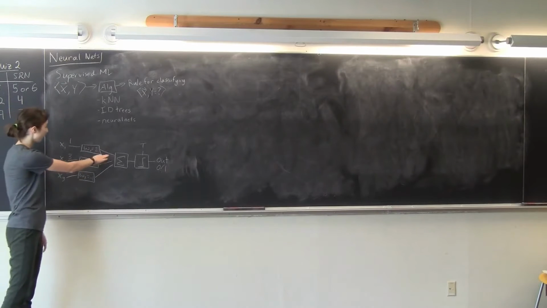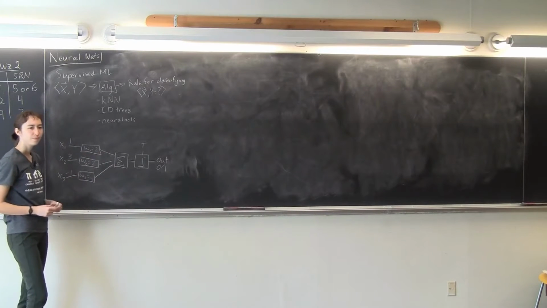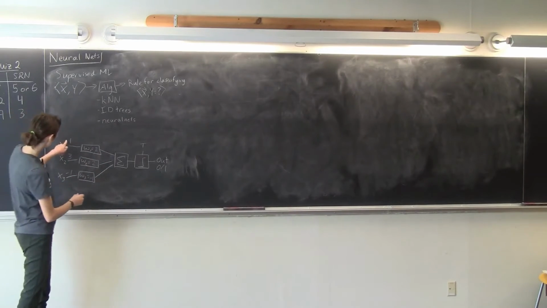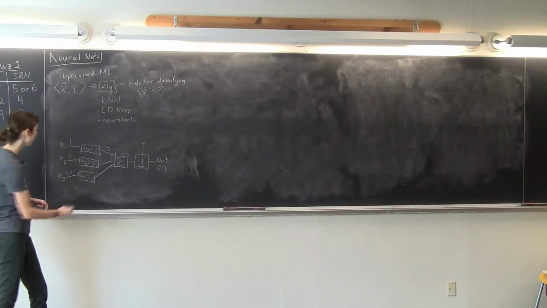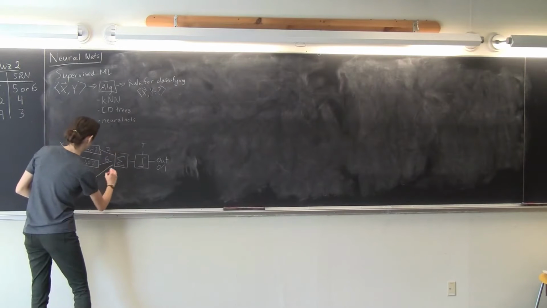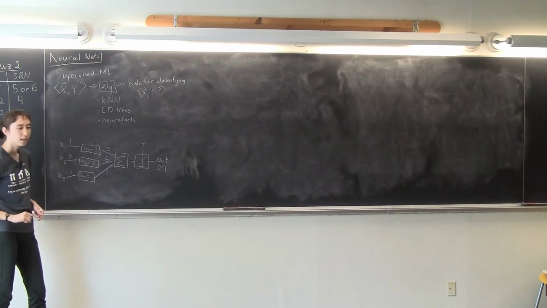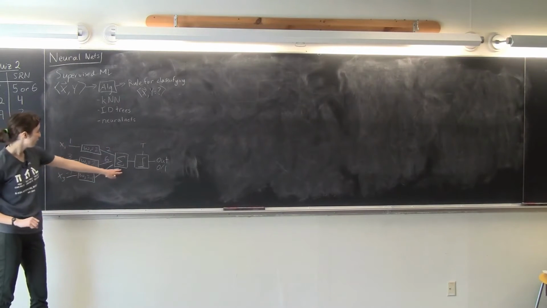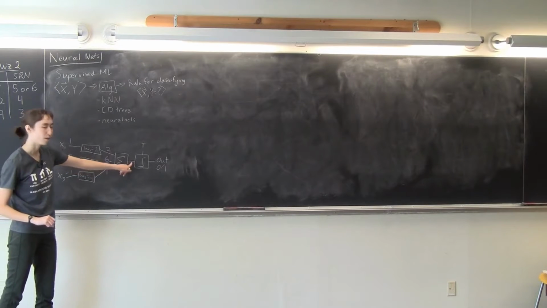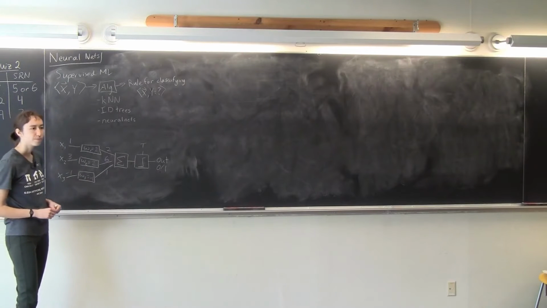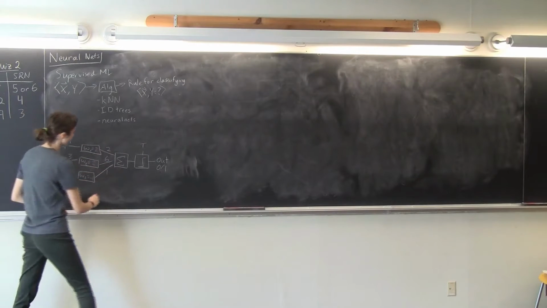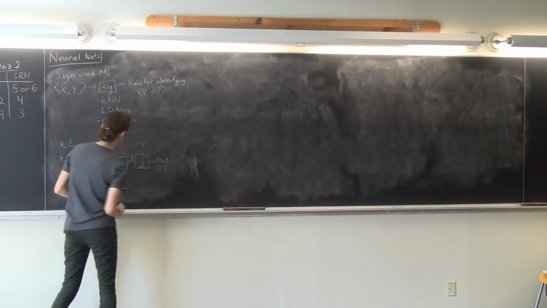So what would we get out on the top wire? 2, because we multiply the input 1 times the weight 2. Then the next one, 6. And then we'll get positive 1. Then we'll add these numbers together in our summation box. So what would come out of the summation box? 9, because we're adding 2 plus 6 plus 1. So we get 9 out there.